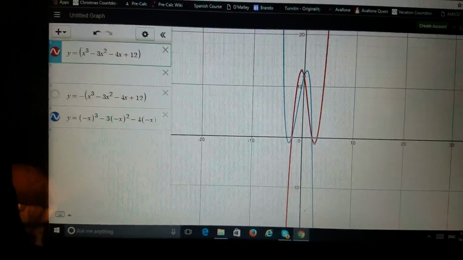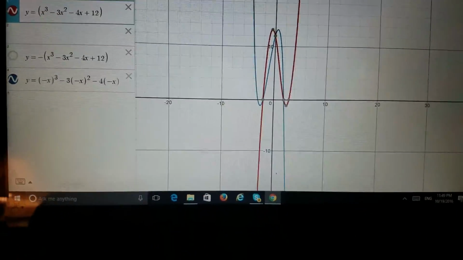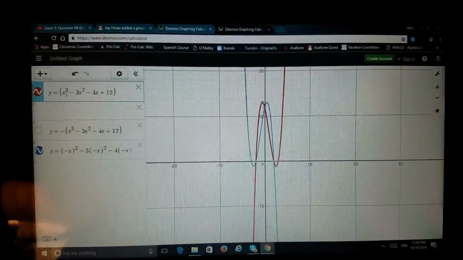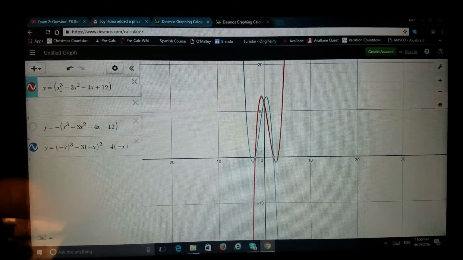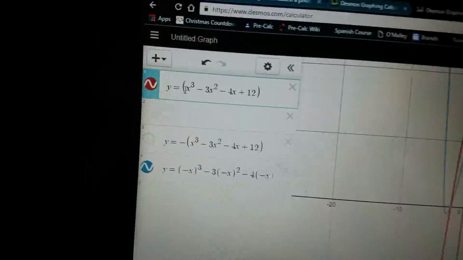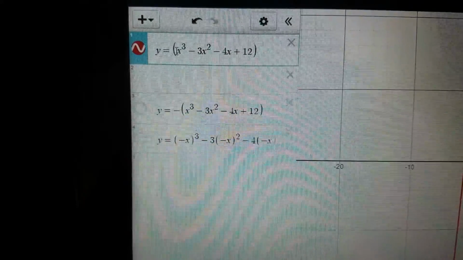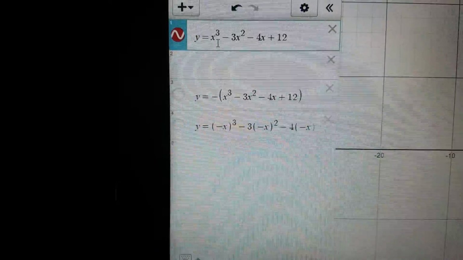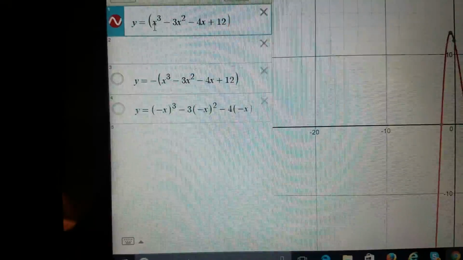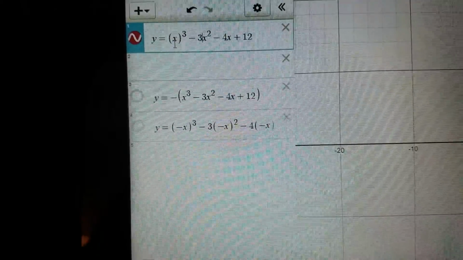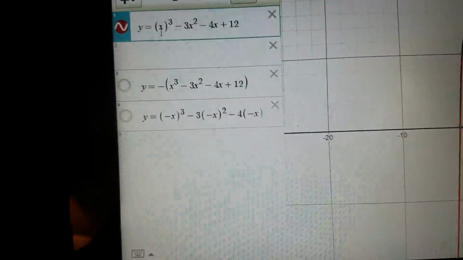So reflection over the y-axis doesn't change this value. And also, any dilation on the horizontal doesn't change the y-intercepts either. So I'm going to show that here in this first box by just putting all the x values in parentheses and then dilating them.